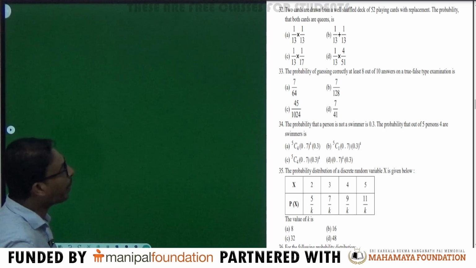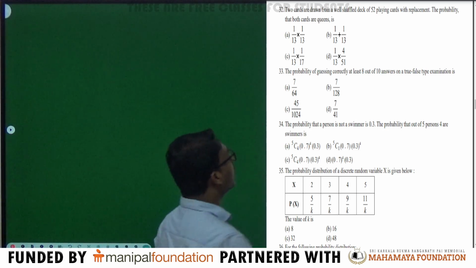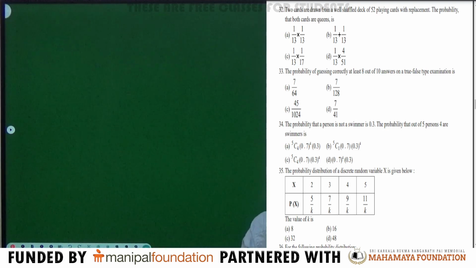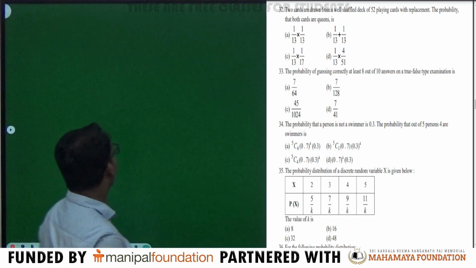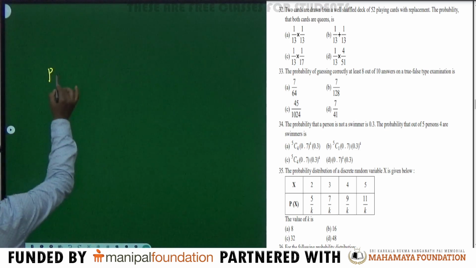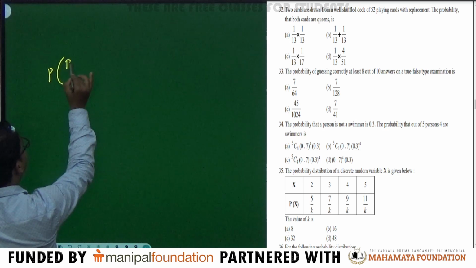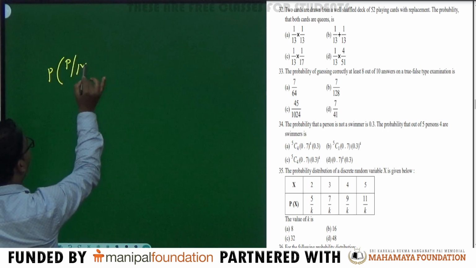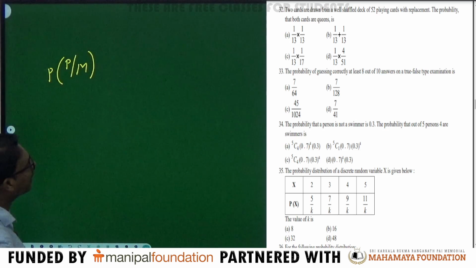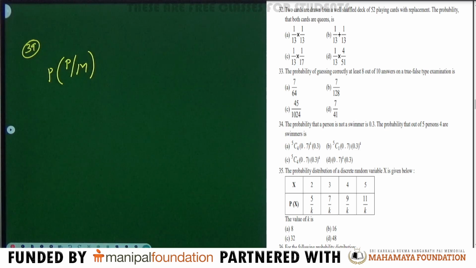This problem is based on conditional probability, because it is given that she has failed in mathematics, so we have to find the probability that the randomly selected student failed in physics given that she already failed in mathematics. So, this is conditional probability.